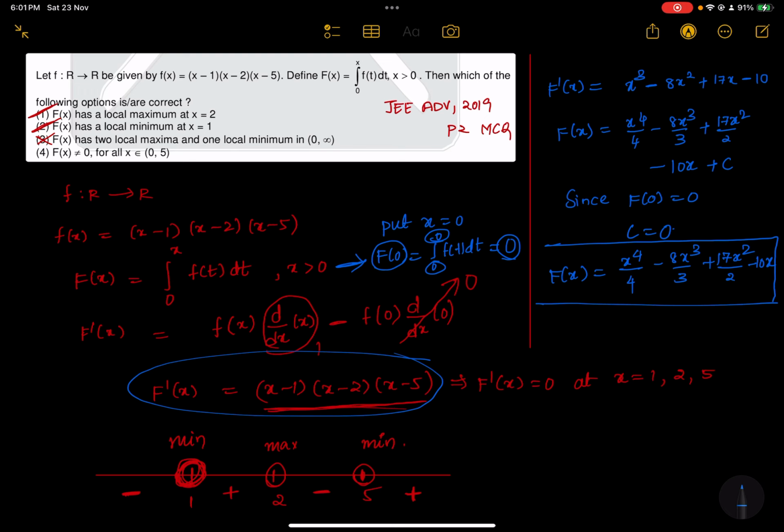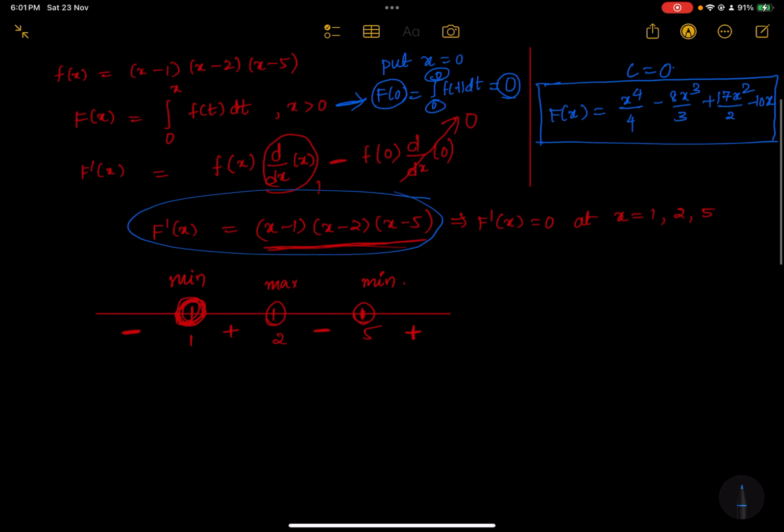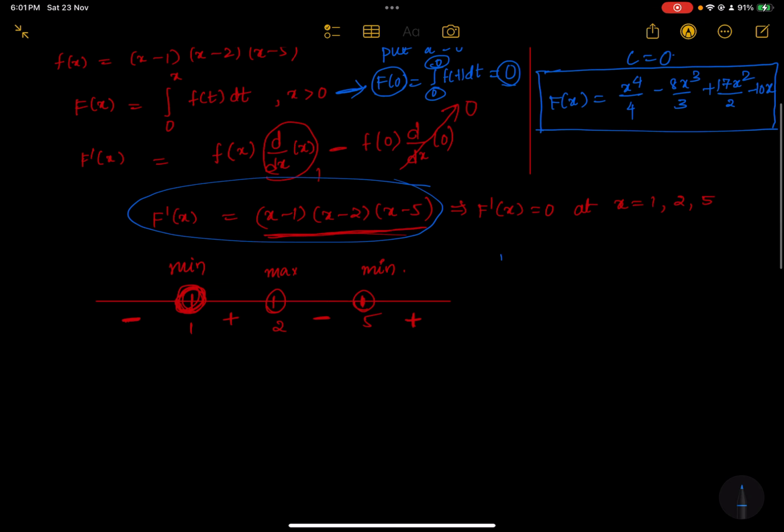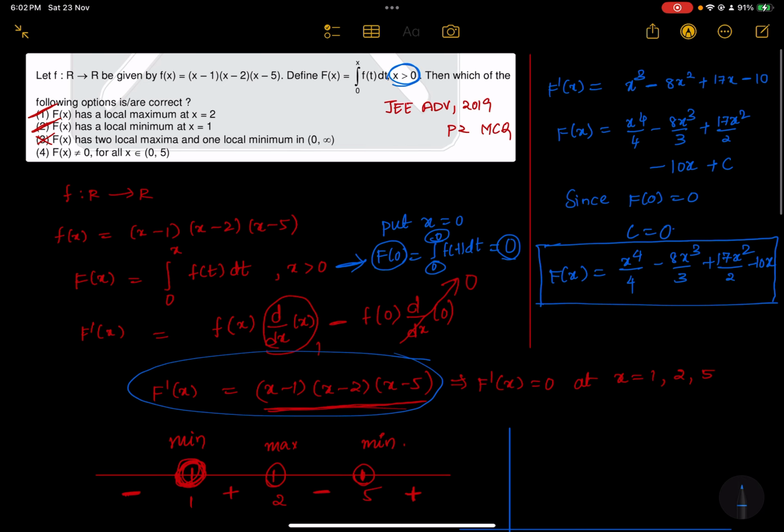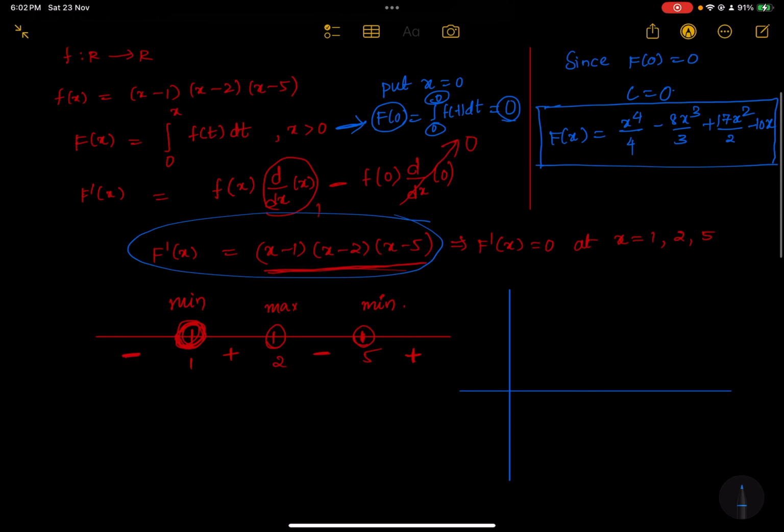Alright. Now to answer the fourth option, let us draw the graph of F of x. This function is defined only for x greater than 0. It is given that x is greater than 0, so we can draw the graph after 0. So this is 1, this is 2, this is 5, let's say.